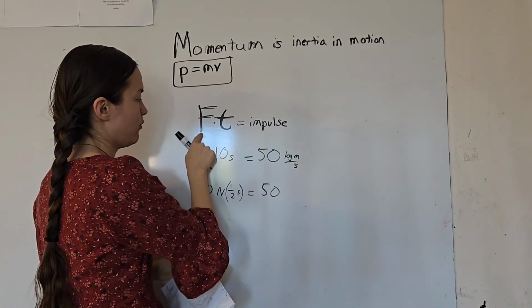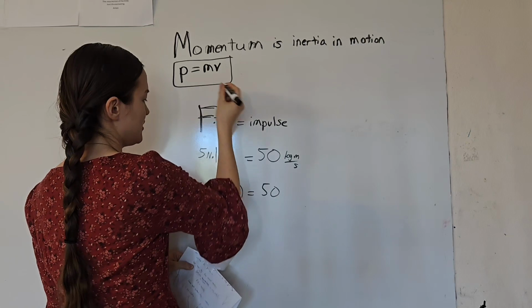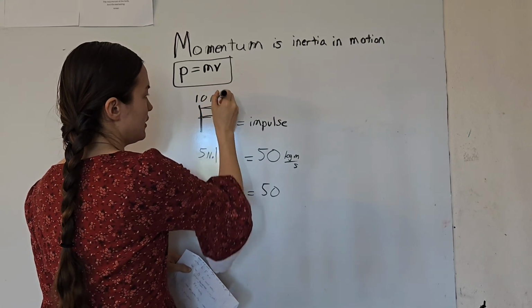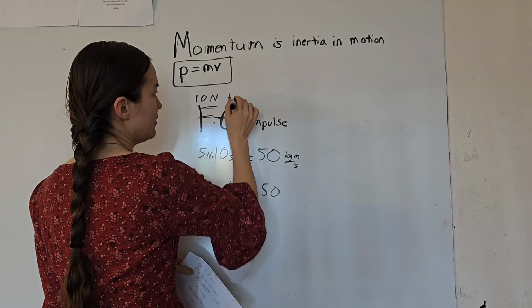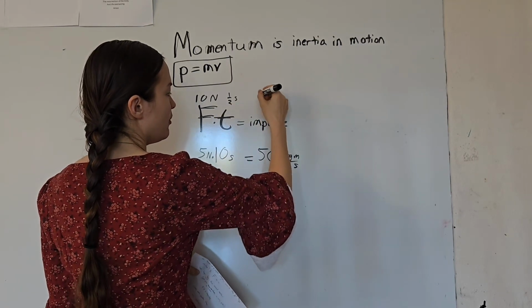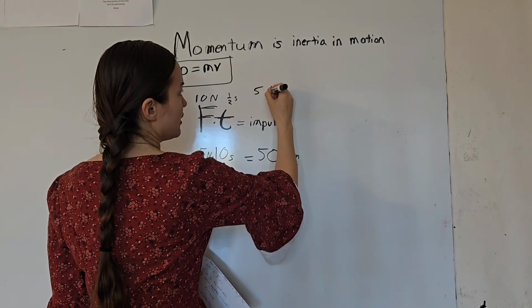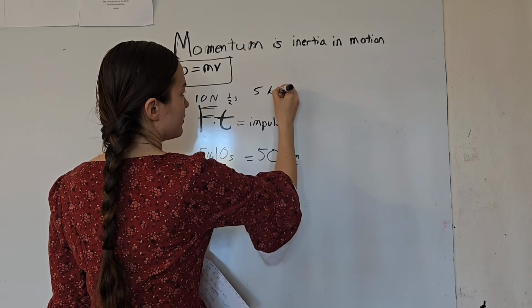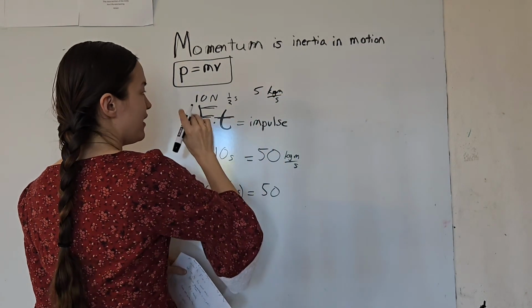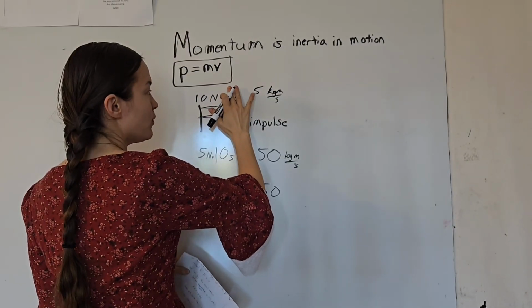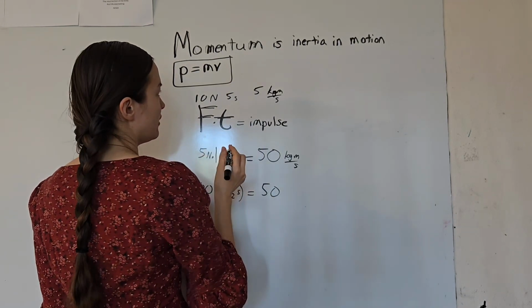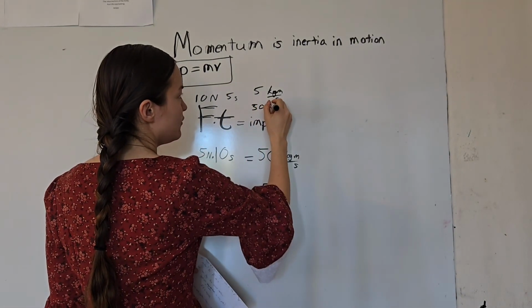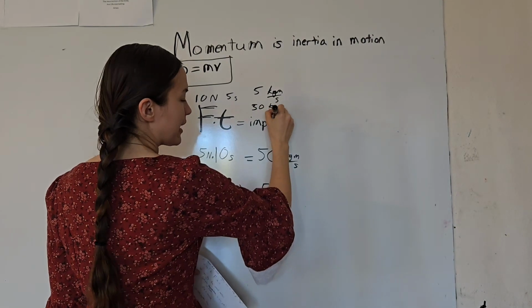Say your force is 10 newtons, and if you do it really fast the time is only half a second. That's only an impulse of 5 kilogram meters per second. But if you follow through and make contact with that ball for 5 seconds, it's 10 times bigger: an impulse of 50 kilogram meters per second.